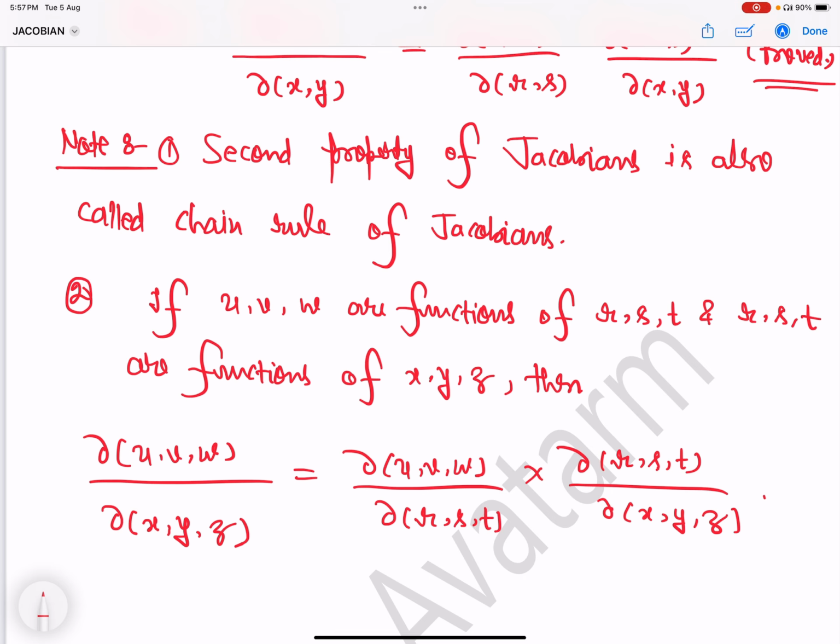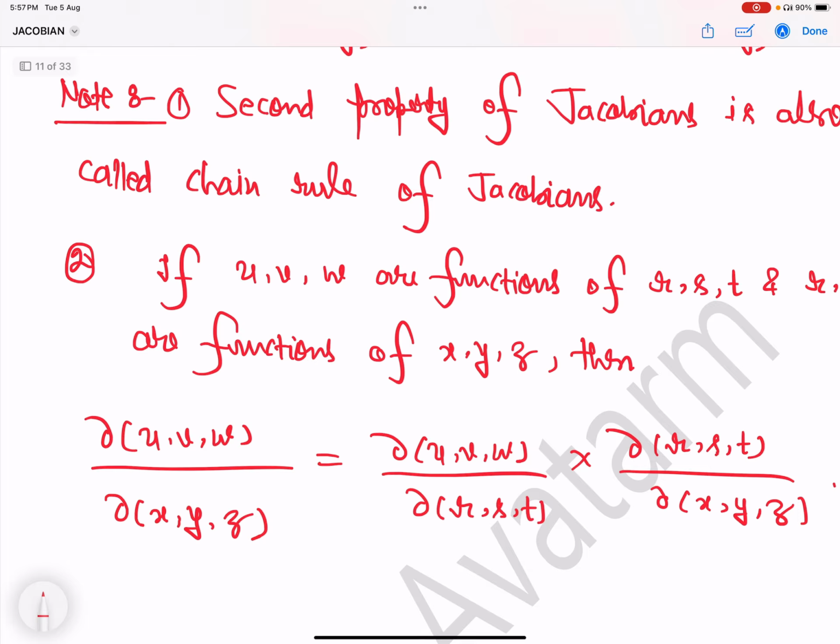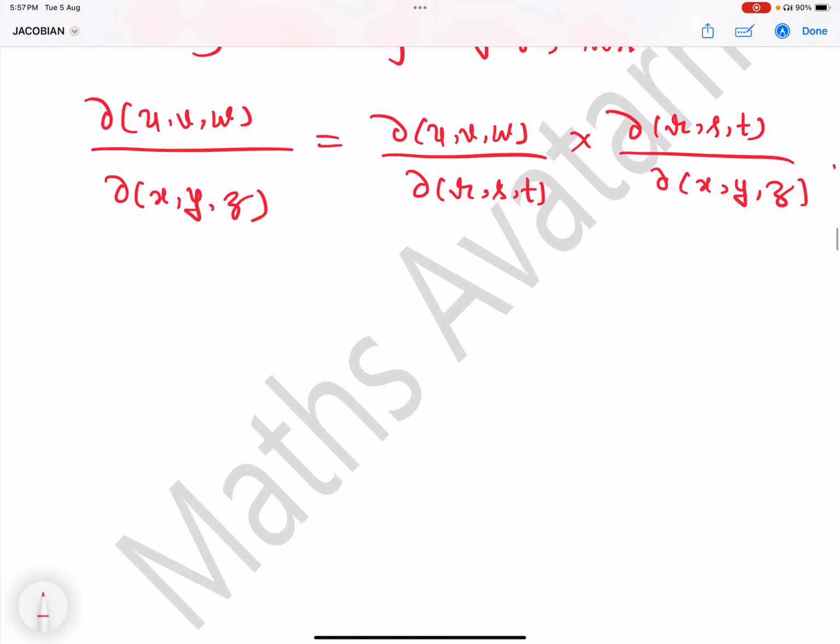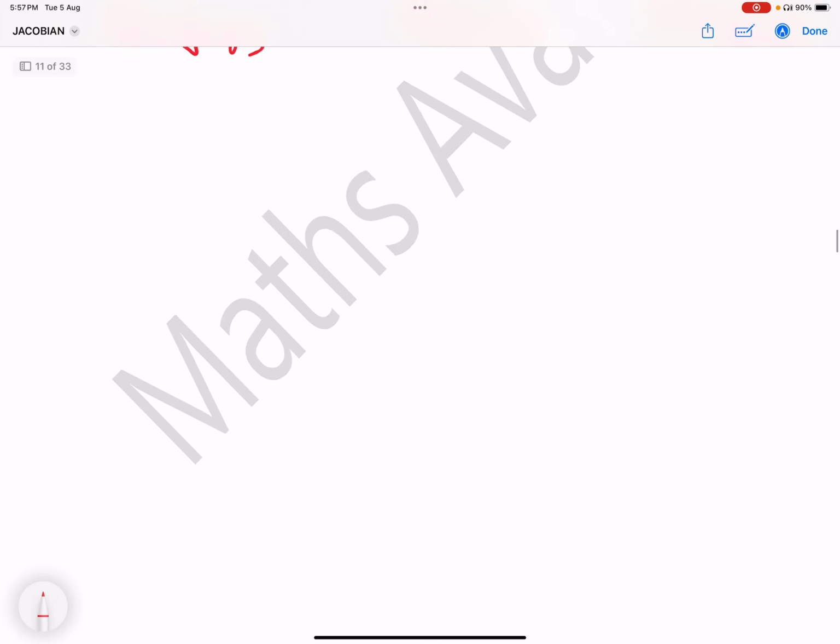You can take four, five variables like that. In this way, you can proceed. The same chain rule formula will follow.